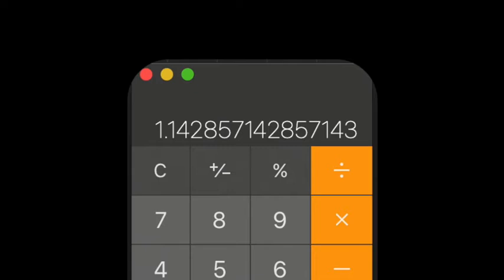If you wrote that whole number down, it would be as if you're claiming your answer is precise to 15 decimal places. Well, that's not true. No ruler goes that far.